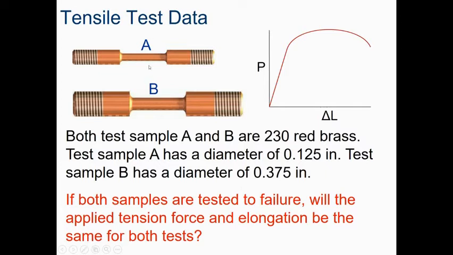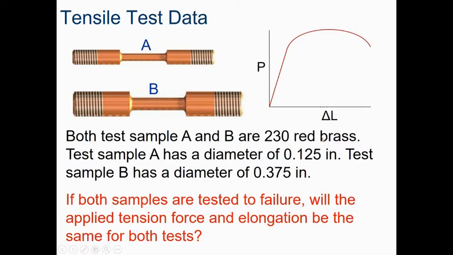Well, likely not, because this smaller test sample is going to take less force to break it. The bigger test sample, I should expect, is going to take more force to break it. The problem is that it's going to create two different graphs. I'm going to have a load versus displacement curve for this one, and a load versus displacement curve for this one.